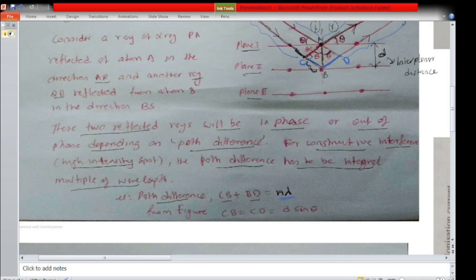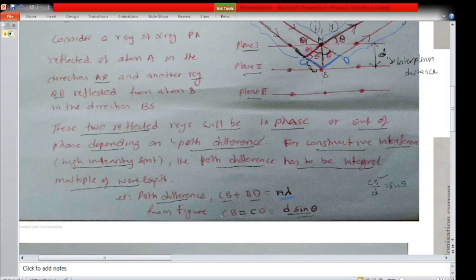So sine theta will be opposite side by hypotenuse, of that angle theta. The opposite side is CB, the hypotenuse is d. So from that figure, CB by d will be sine theta, or we can say CB is equal to d sine theta. That is what we have written here. CB will become d sine theta, and that will be the same as BD.